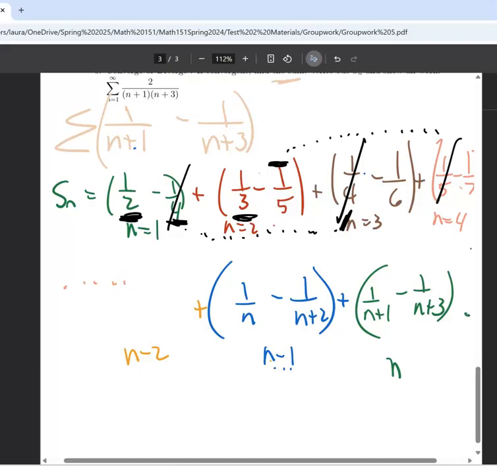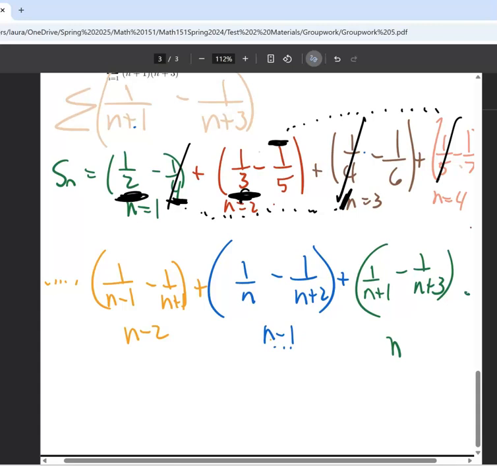Oops, trying to get rid of those dots. Okay, so if I put in n minus 2, I get 1 over n minus 1 minus 1 over n plus 1. And there's a whole bunch of dots in there. So the reason I did so many terms at the end is because I recognize there's 2 terms at the beginning. There's going to be 2 terms at the end.